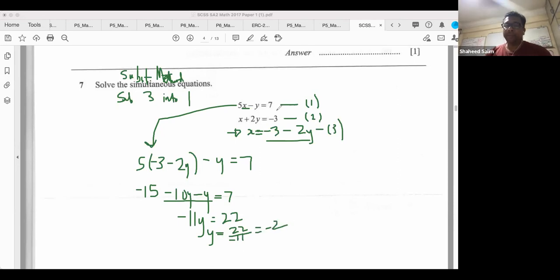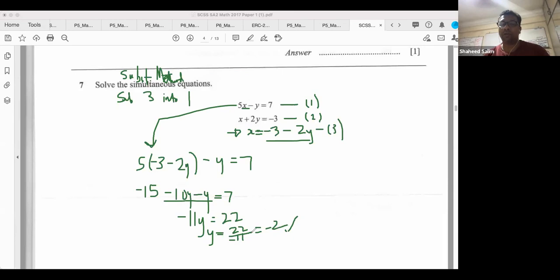So Ryan, I just repeat, right? I will make one of them x equals something or y equals something. In this case, from equation 2 down here, I brought my 2y over that side, so I get x equals minus 3 minus 2y. Then I take this value and substitute into the first one. It's 5x, where x is equal to this, so I put it inside a bracket like that. Here I put the x value inside. Minus 3 minus 2y. Then I multiply out and solve for y. Once you can do that, you can put in the value down here.